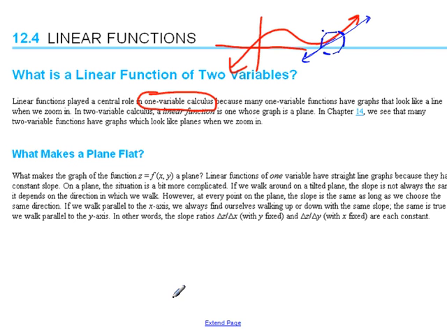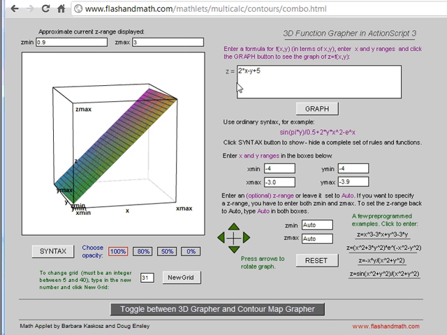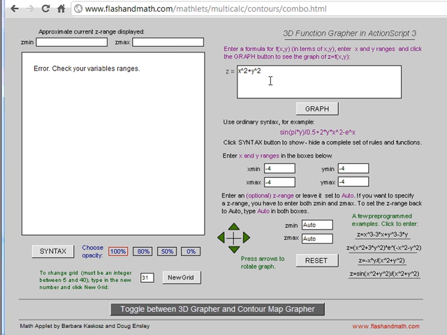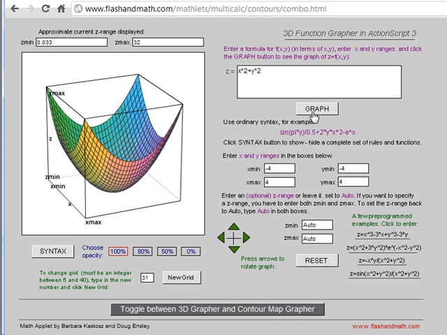Similarly, if we zoom in on a 3-dimensional curve, for example the function x squared plus y squared, and we graph this, we have this 3-dimensional shape.